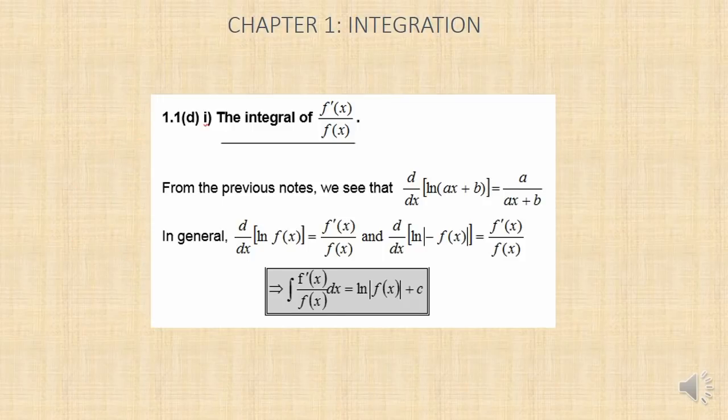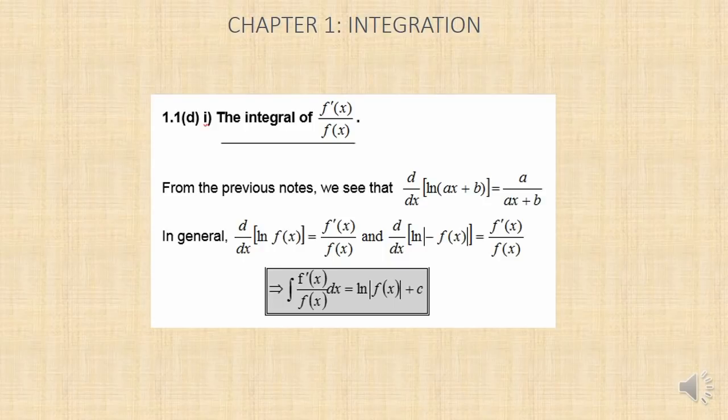Okay, now we look at the integral in the form f prime x over fx. From the previous note, we see that the differentiation of ln ax plus b equals a over ax plus b. So, in general, the differentiation of ln of a function fx gives f prime x over fx, and also the differentiation of ln of negative fx is also f prime x over fx.